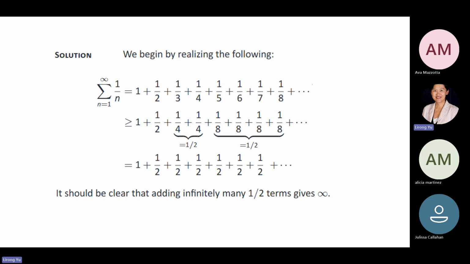If you add a bunch of positive numbers bigger than infinity, then itself has to be infinity. We have this conclusion by comparison: if the total summation of the infinite numbers is bigger than infinity, of course itself would be infinity. And that's the mathematical proof of the divergence of the harmonic series.